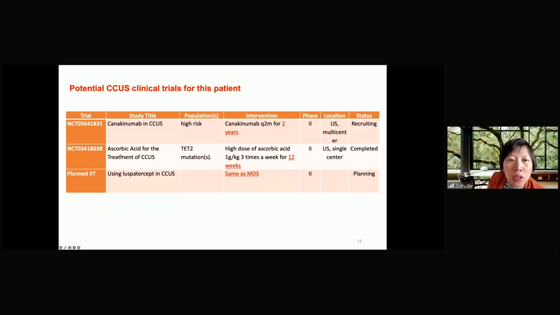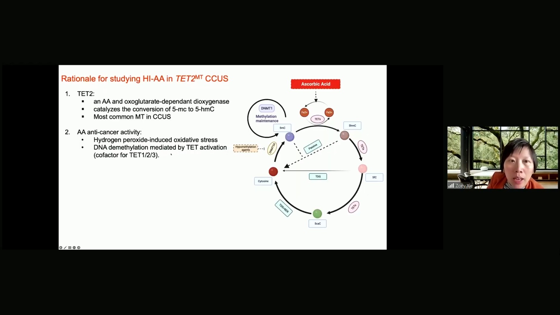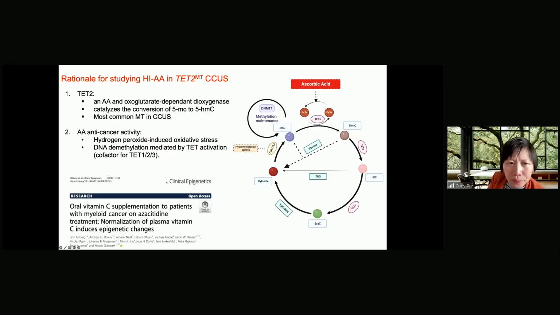The last trial is using ascorbic acid in patients with TET2 mutation. I just want to give a brief introduction for this trial. The rationale is that TET2 is a methylcytosine dioxygenase enzyme that oxidizes 5-methylcytosine to 5-hydroxymethylcytosine, a very crucial step in DNA demethylation. Ascorbic acid serves as a critical cofactor for TET2 and binds to its catalytic domain, restoring and enhancing TET activity.